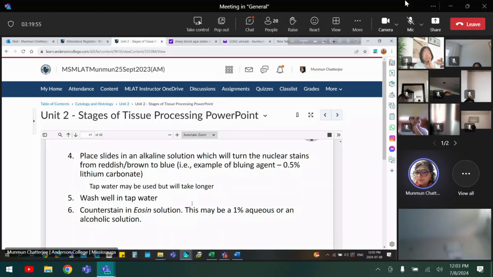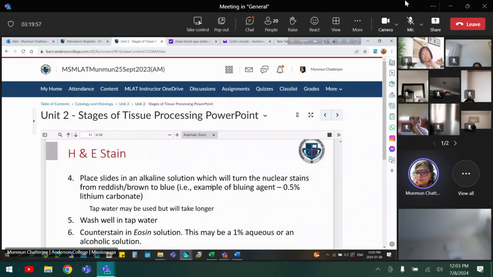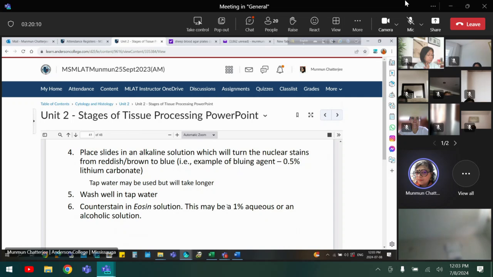Then place slides in an alkaline solution, which will turn the nuclear stain from reddish brown to blue. This is called the bluing agent. Tap water may be used but will take longer. So wash well in tap water, and then you are going to do the counterstain, which is eosin solution. This may be 1% aqueous or an alcoholic solution.